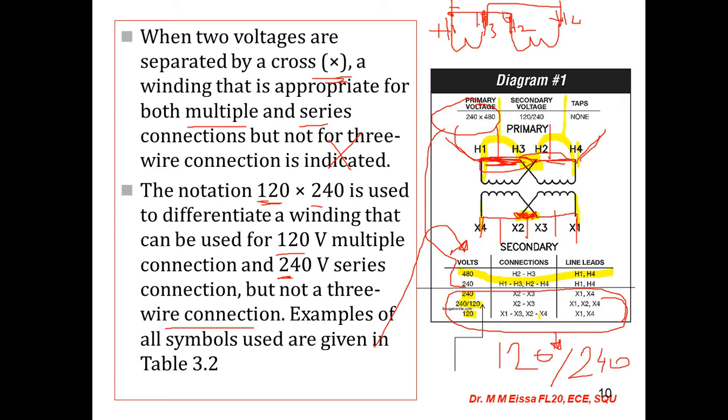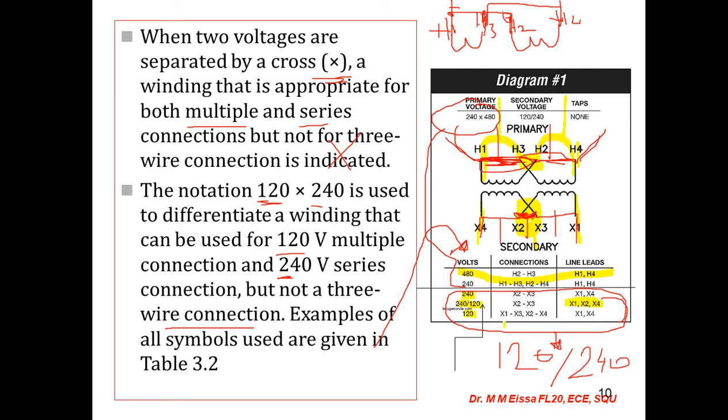For 240/120, it means X2 and X3 connected together, and I can take three wires, X1, X2, and X4. So this is the center tap, three leads.